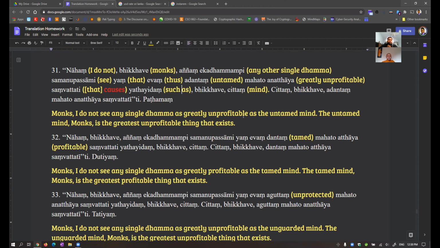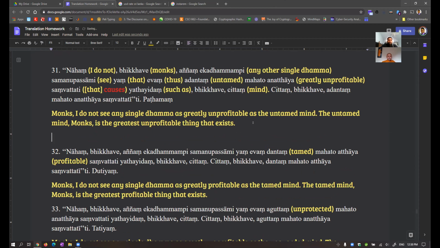When the mind, monks, is not tamed, it leads to or causes great harm. So if I were to redo this: monks, I do not see any single dhamma that causes great harm as the untamed mind.